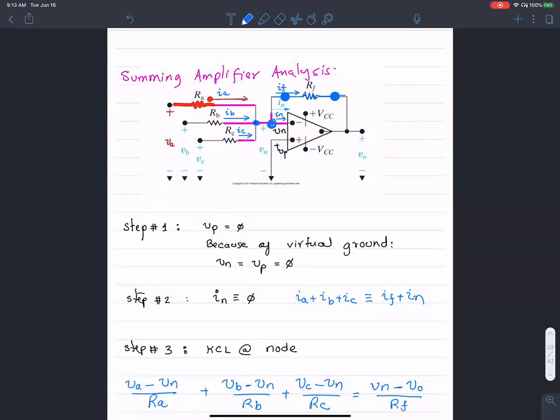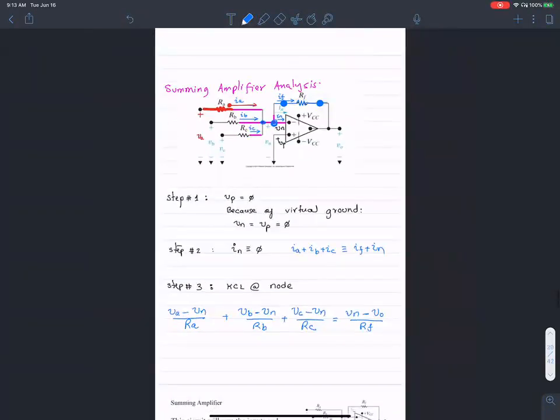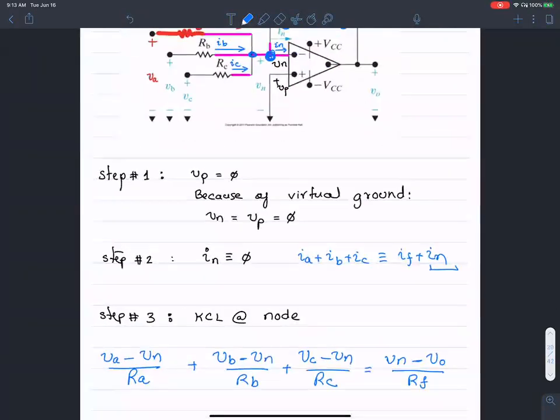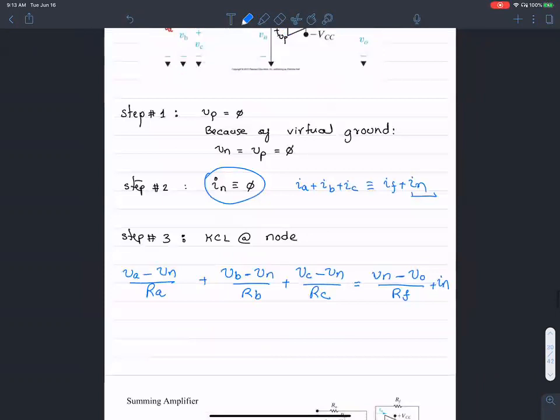Let's see if I can make these simplifications, and don't even worry about IN, because IN is 0. So plus IN, that's the equation I get from here.